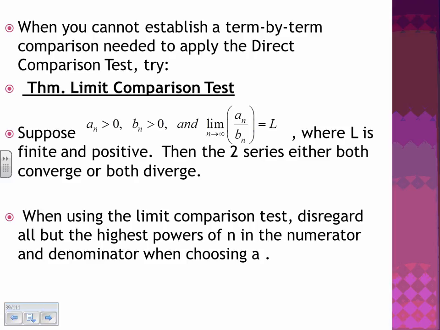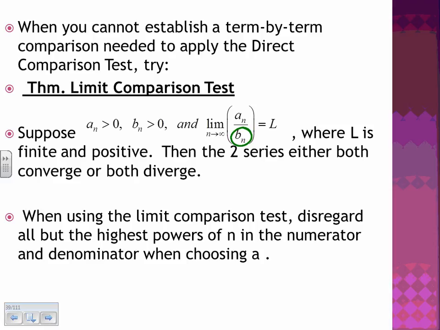Alright. Turning to this next one, which is the limit comparison test. The limit comparison test says, hey, you get to pick any series you want, or sequence in this case if you're looking at it here, but any one that you want.